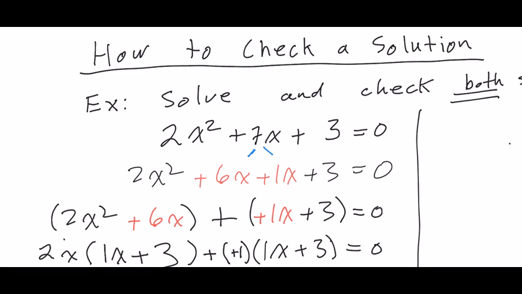So now our solutions are either x plus 3 equals 0 or 2x plus 1 equals 0. So doing the solution, solving, you end up with the following.